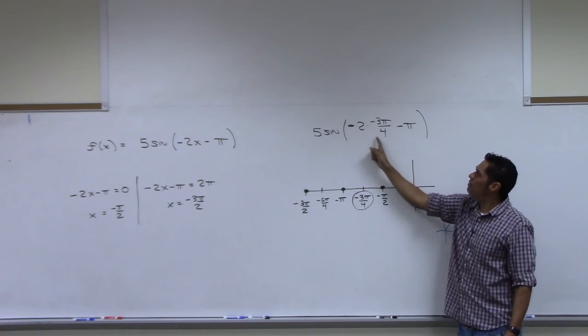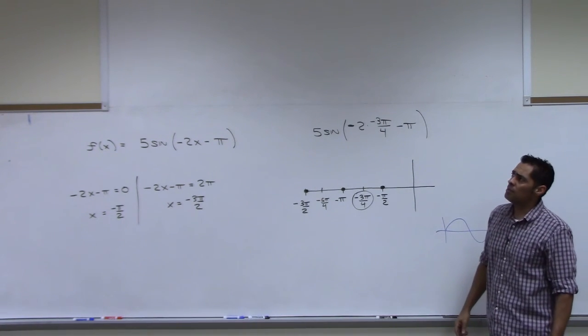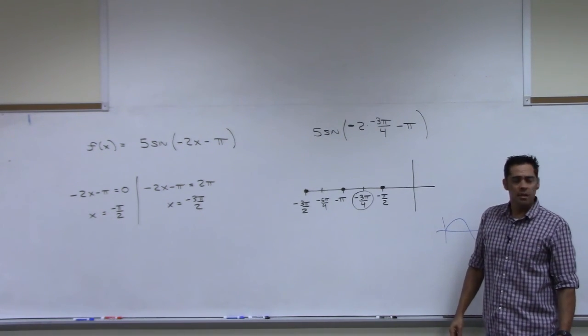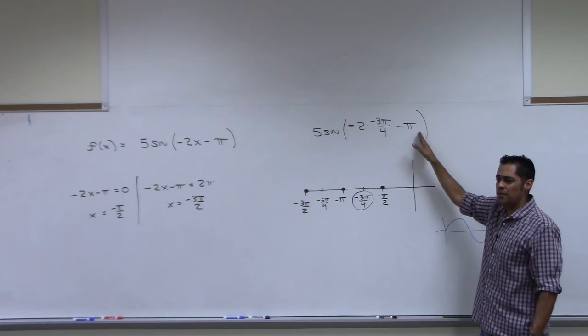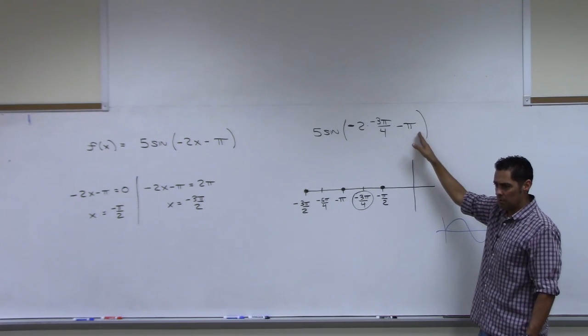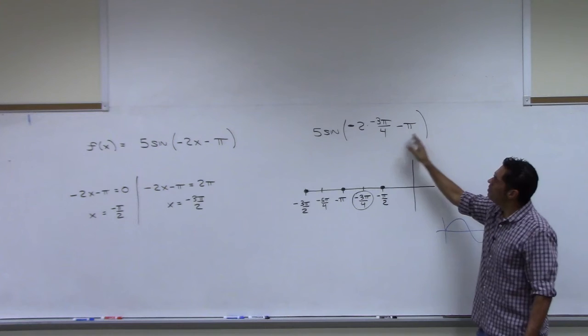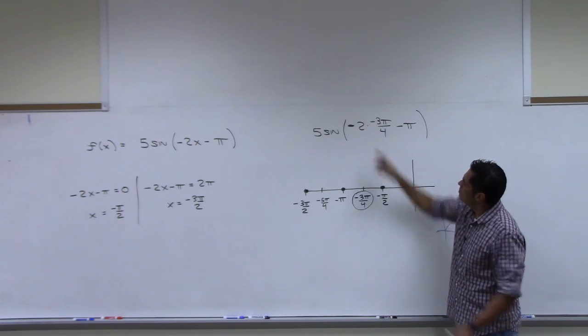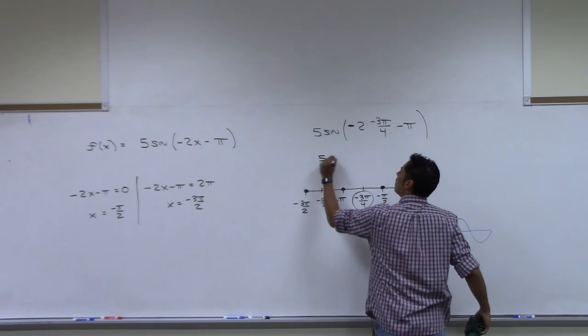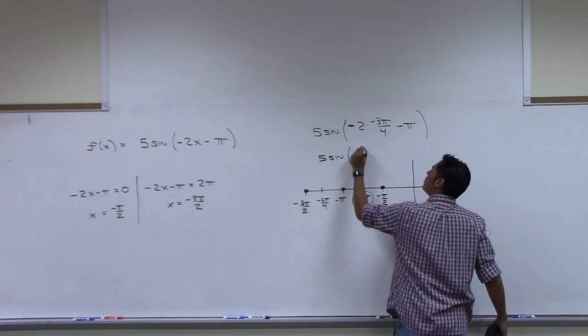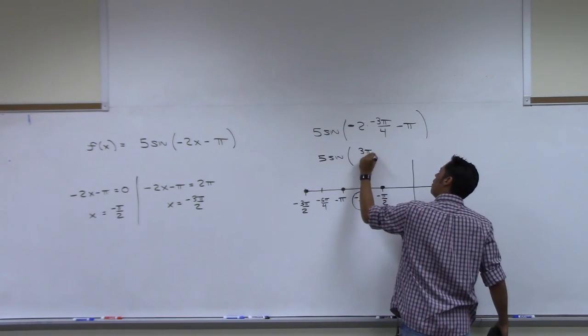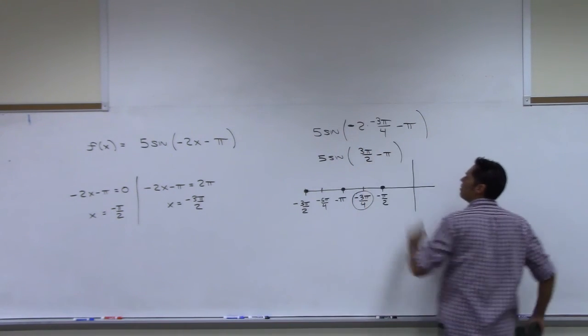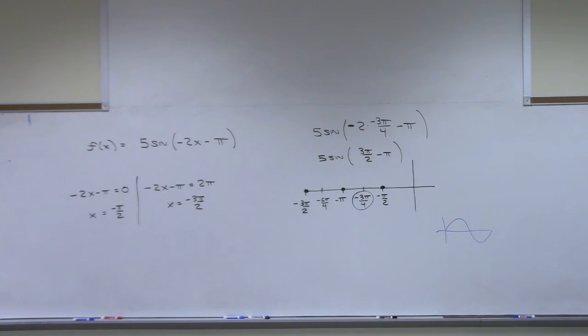Okay, 6 pi over 4 is the same as 3 pi over 2. 3 pi over 2 minus pi is pi over 2. Negative? No, this was positive, right? Let me do it. It is negative, but hold on. This was 3 pi over 2 minus pi. Hold on. Yeah, pi over 2.